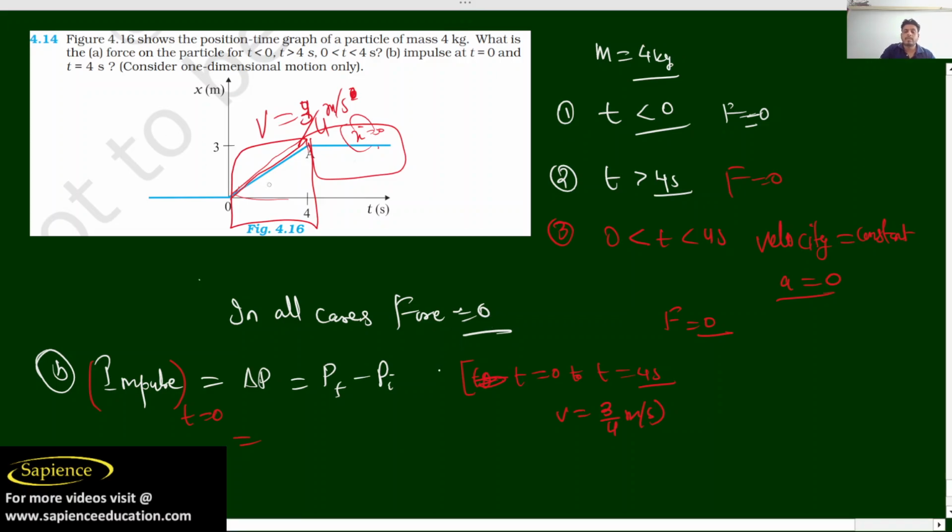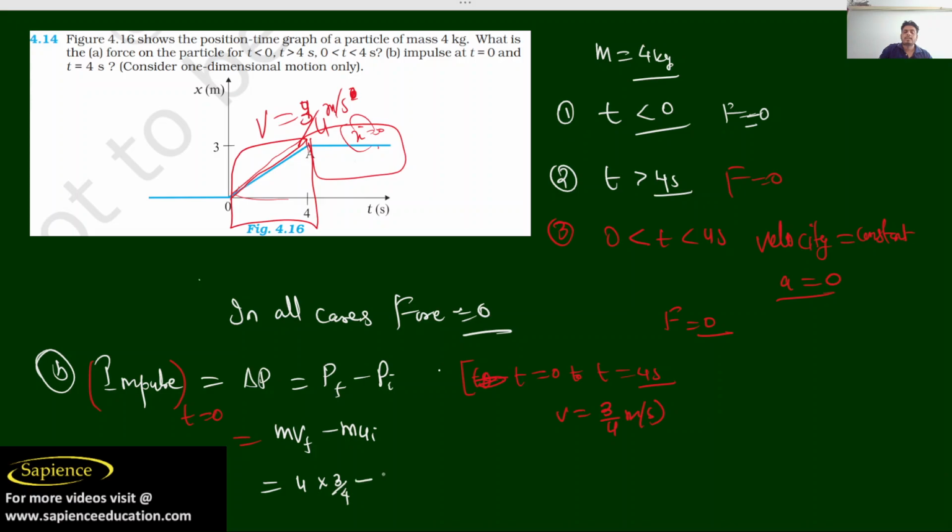This will be mass into final velocity minus mass into initial velocity. Since final velocity is 3 by 4, mass is 4 into 3 by 4, minus initial velocity is 0. So it will be 3 kg meter per second.